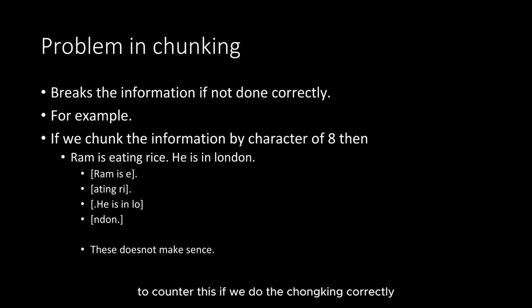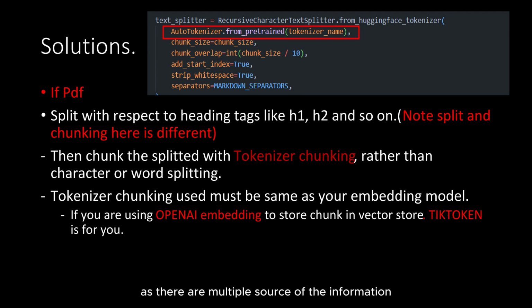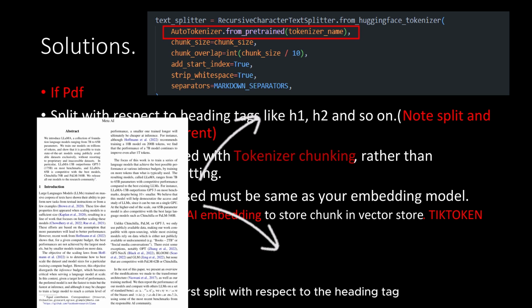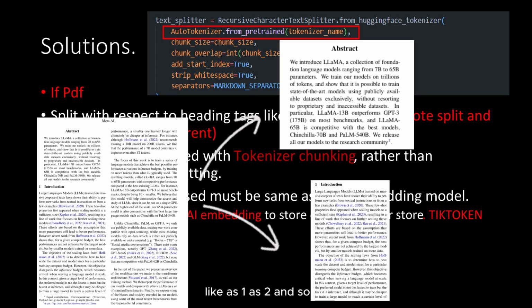To counter this, if we do the chunking correctly, then the problem with chunking will be gone, as there are multiple sources of information that should be chunked. For this, if the information that we are using is a PDF, then we first split with respect to the heading tags like H1, H2 and so on.